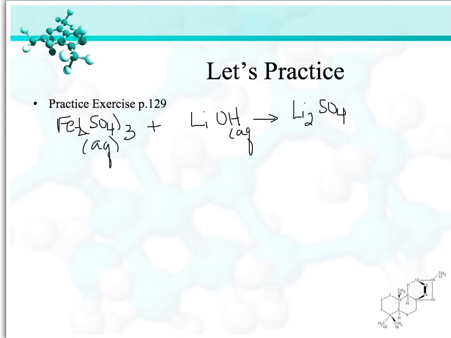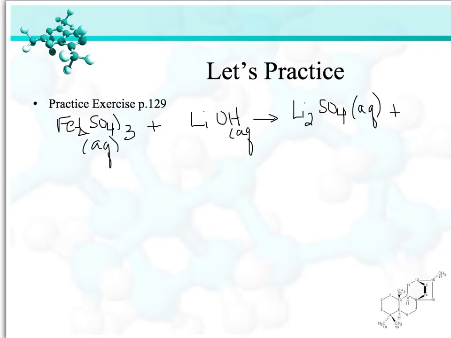Now the other thing I'd need to look at is the solubility rules, or I'd need to remember that lithium ions are always going to be soluble, no matter what they're combined with, so that means that this compound has to also be aqueous. Now the other compound that is produced would have to be whatever's left over, and so that's going to be your iron and your hydroxide. Now what is the charge on the iron on the left-hand side?